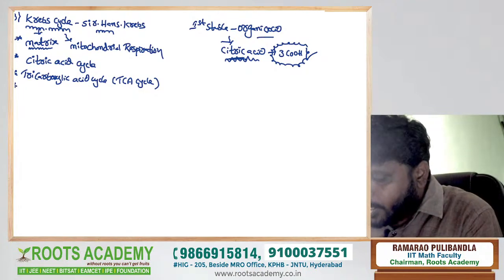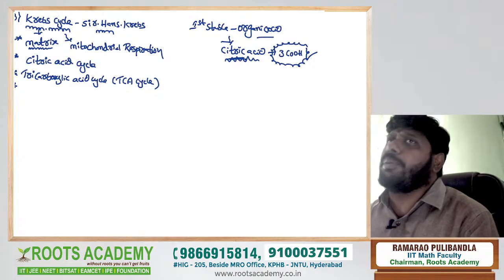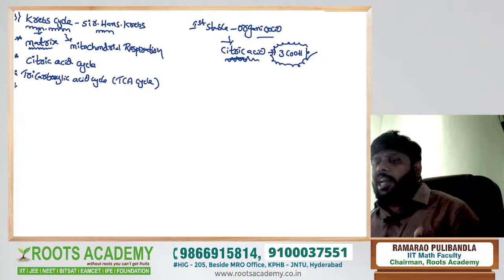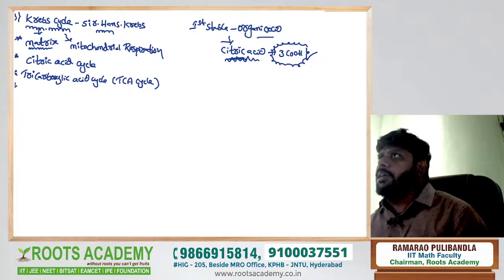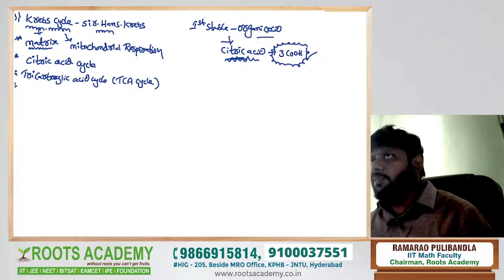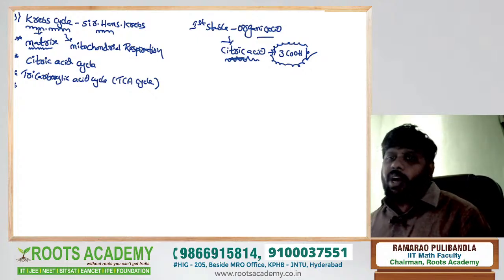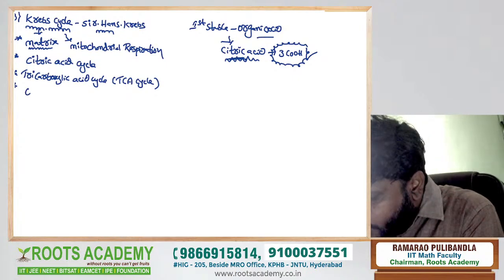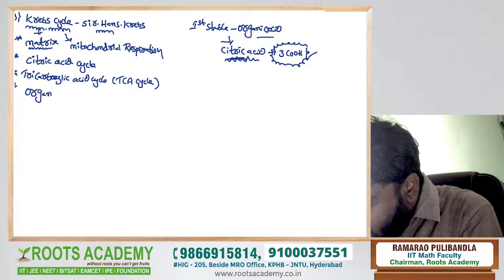In the Krebs cycle, many organic acids are formed: citric acid, isocitric acid, oxalosuccinic acid, alpha ketoglutaric acid, malic acid, fumaric acid, succinic acid. Different types of organic acids are formed in the Krebs cycle. That's why the Krebs cycle is also called the organic acid cycle.